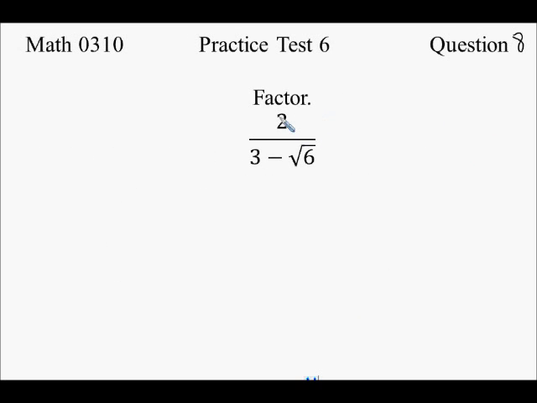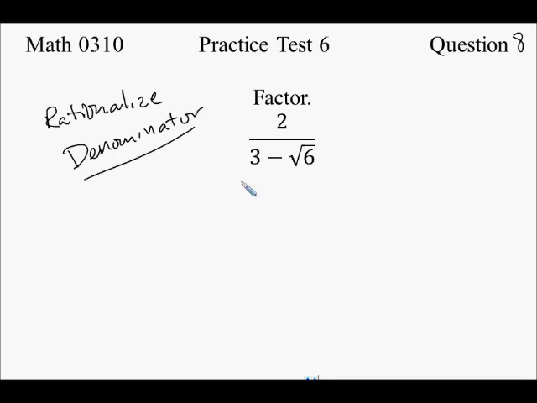Question 8 says factor 2 over 3 minus the square root of 6. Alright, so if we're looking to factor this, what we really need to do is rationalize our denominator again. The way we do that is a little bit different than the last time we did this in one of the previous questions, because now we have 2 terms in the denominator.